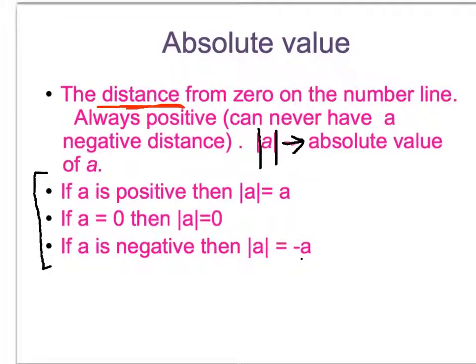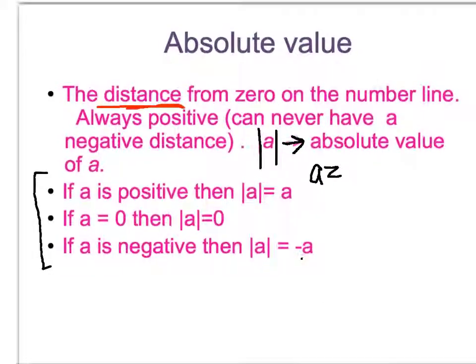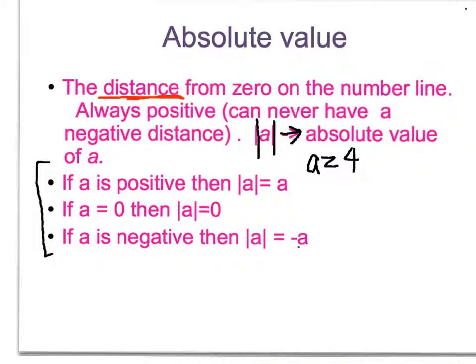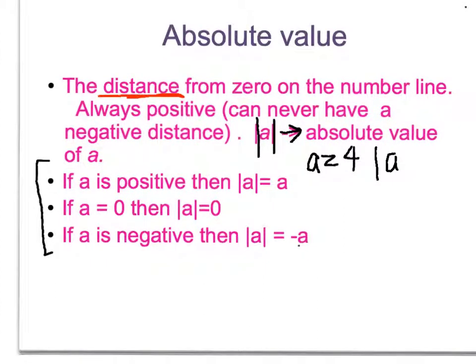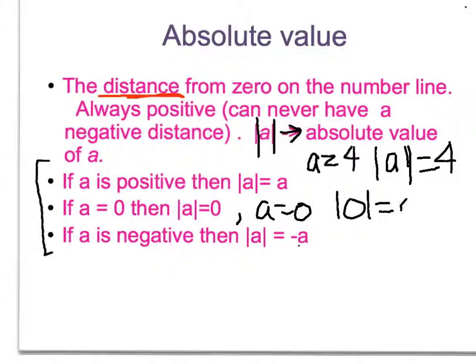Let's say that A equals 4, then the absolute value of A equals 4, because A is 4. If A is 0, then A is 0. So A equals 0. The absolute value of 0 equals 0.